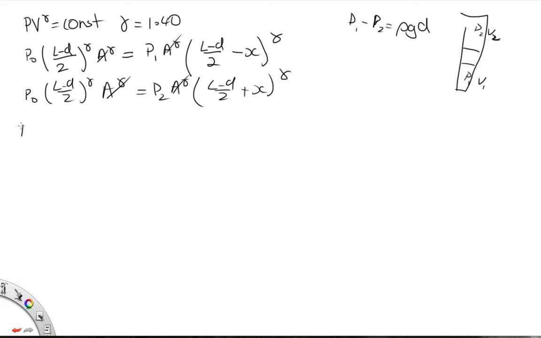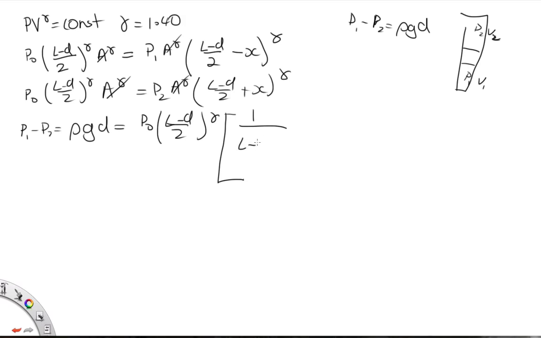And then we've got P1 minus P2 is equal to rho g d, which is equal to P naught (L minus D over 2) to the gamma. That happens in both these ones. And then we've got 1 over (L minus D over 2 minus x) to the gamma minus 1 over (L minus D over 2 plus x) to the gamma.